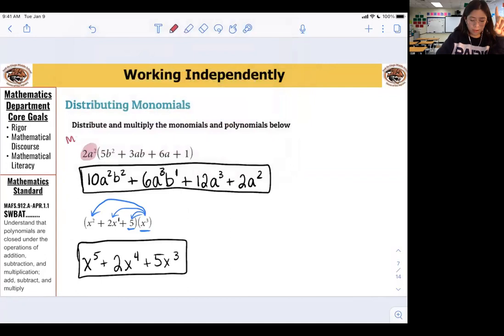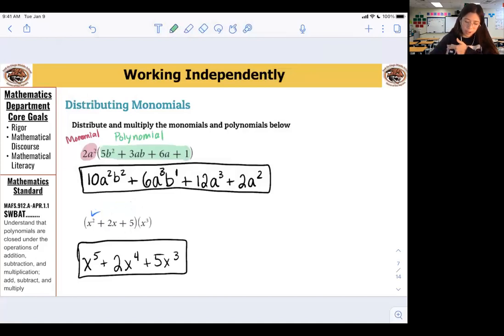So this was a monomial times, what is this one? How many terms does it have? Oh, it would be a polynomial because it has over 3. Good. So this was a monomial times a polynomial.